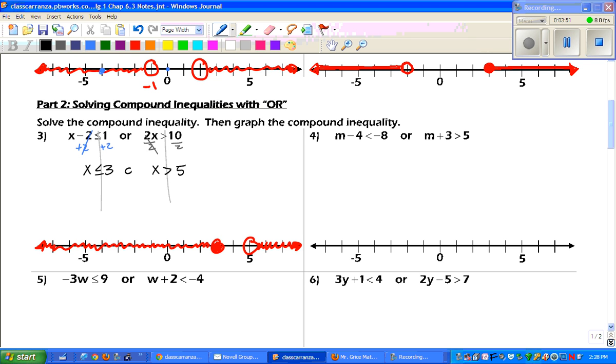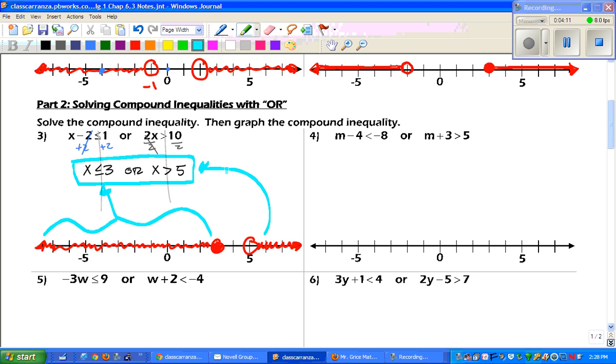Now for our final answer, it would look like this. The reason why our answer is written just like this is we have the smaller number to the left. So when you think of it, I want to graph this part first, and then the second part. Okay? So that's the reason why they are in the specific order.